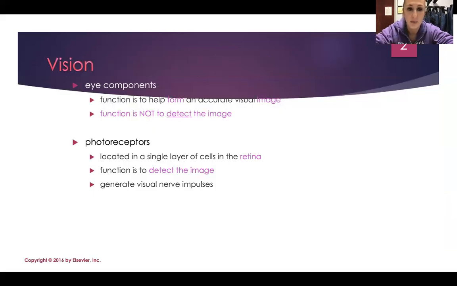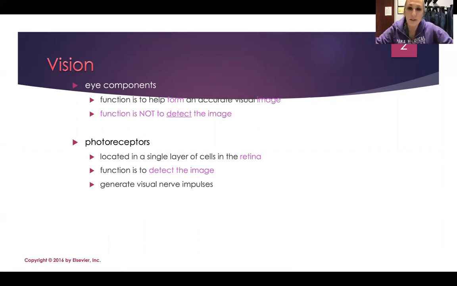So the eye components, the function is to help form an accurate image. So don't get it twisted that the function is to detect an image, because it's not just looking around for things. That's not how it works. It is going to utilize light. It's going to utilize photoreceptors that are actually in the eye to send an impulse to the brain.